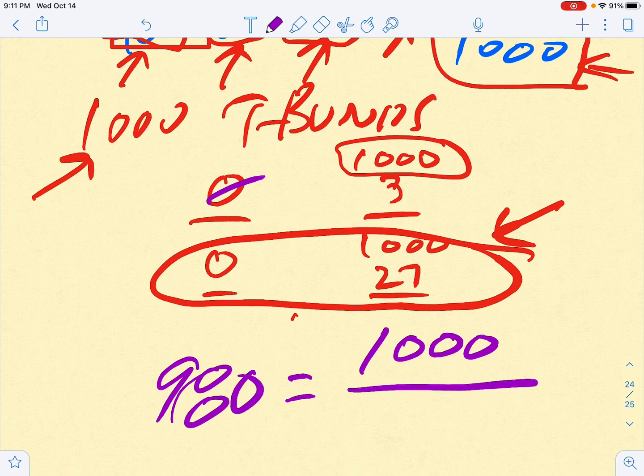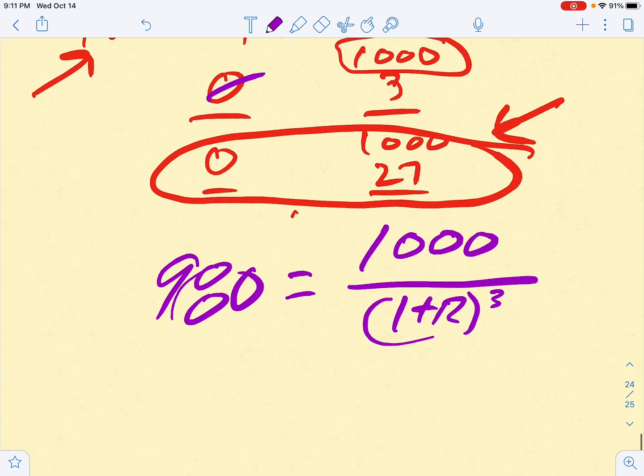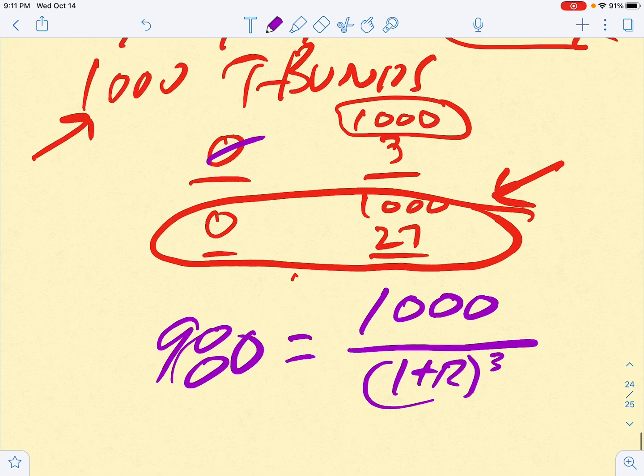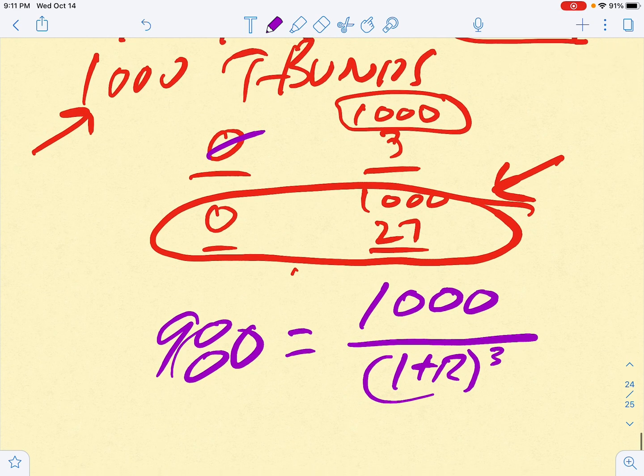And instead of saying 980 equals 1,000 times the PVIF, which is 1 over 1 plus R to the n, I'll just write $980 equals 1,000 divided by 1 plus R cubed. And we'll solve for R. Then we get this value for R, and we know R is the periodic interest rate for this security maturing at date 3.